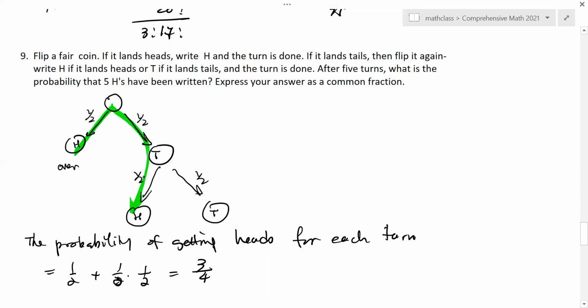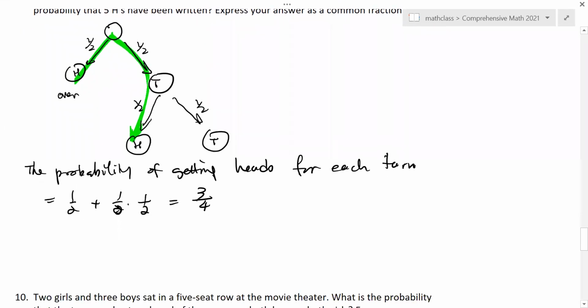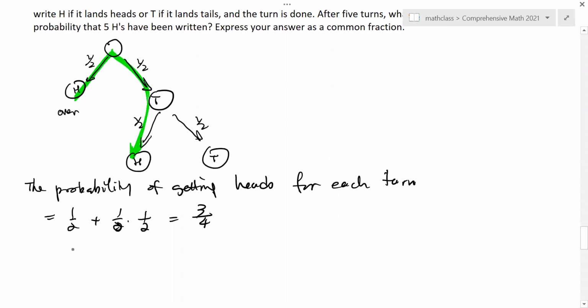So for each turn, the chance you get H is 3/4. Now, after 5 turns, what is the probability that 5 H's have been written? You have to continuously write down H, so you apply the product rule, because each time the probability of H is 3/4.